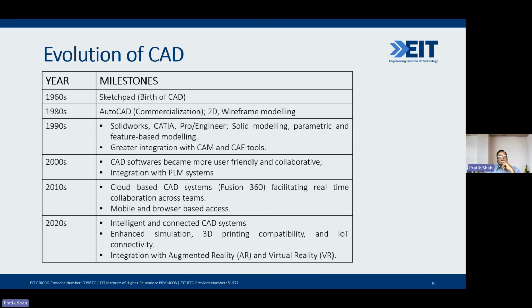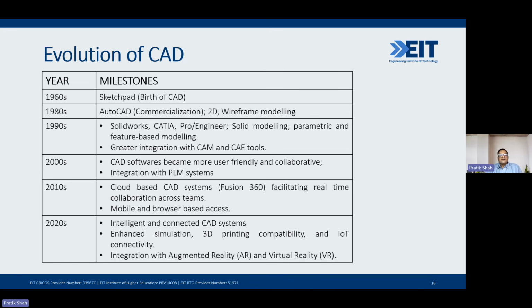By the late 2010s, cloud-based systems came into existence, which facilitate collaborating on your designs with engineers worldwide. They also limit the resources required on a particular CAD workstation, and that was all done with the help of cloud-based systems that came into the market.